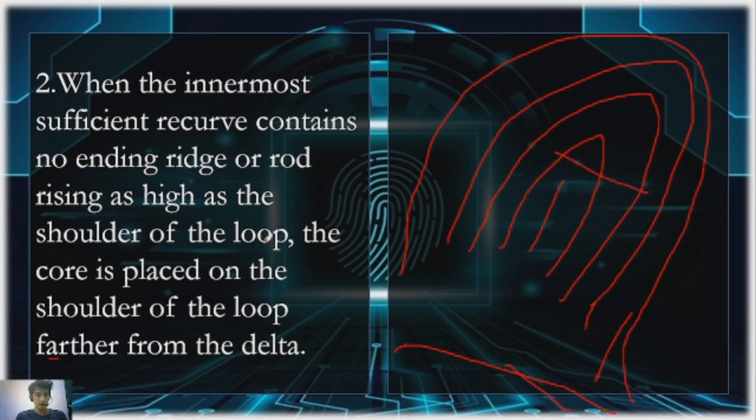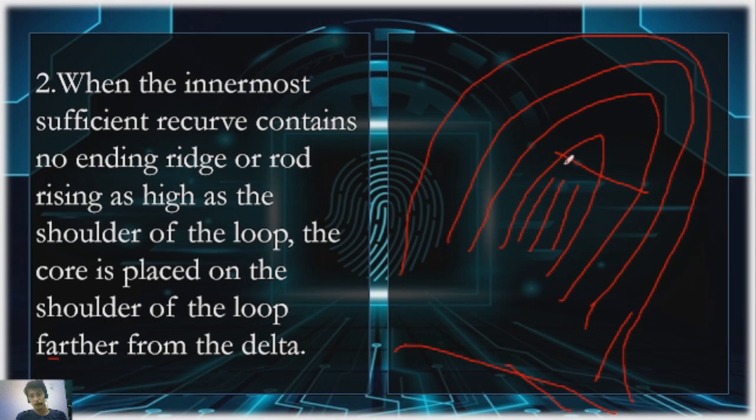Okay, and with that, the core is placed as high as the shoulder of the loop. The core is placed on the shoulder of the loop farther from the delta. So let's say we have here two rods inside the innermost ridge. And as you can see, they were not able to reach or rise as high as the shoulder of the loop.